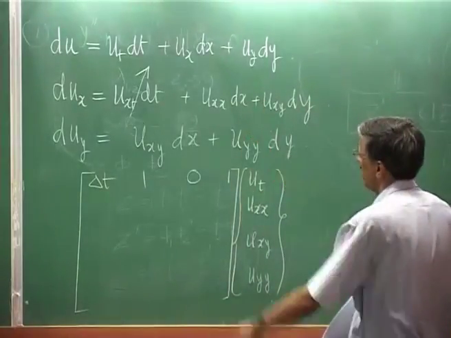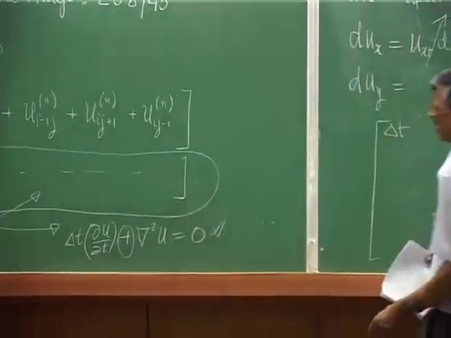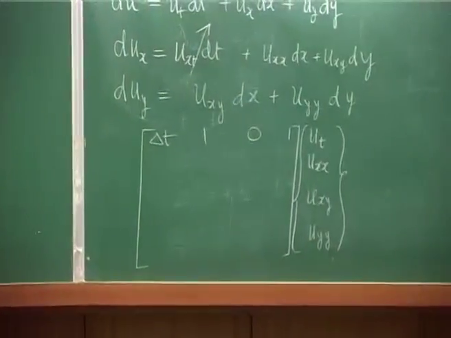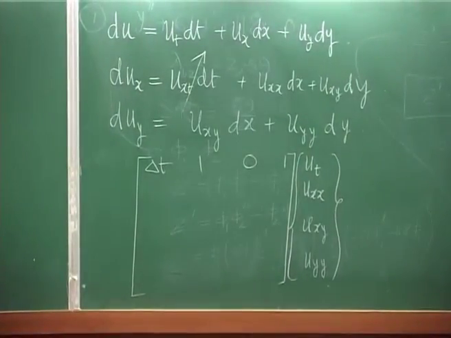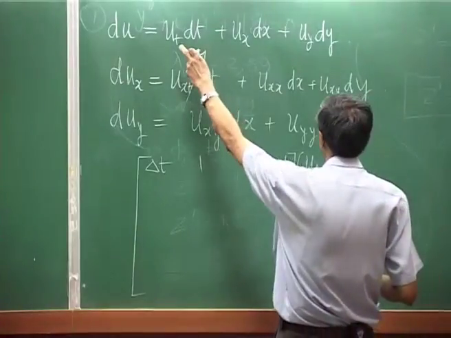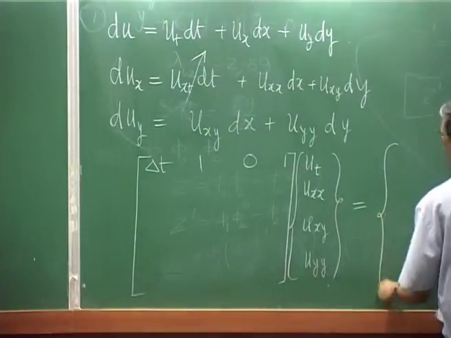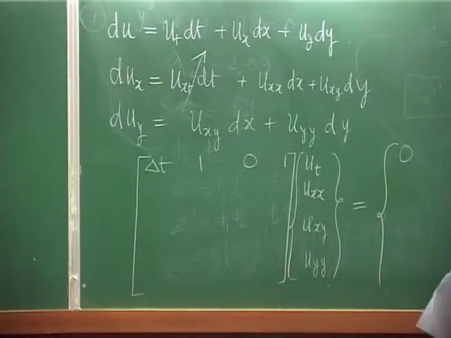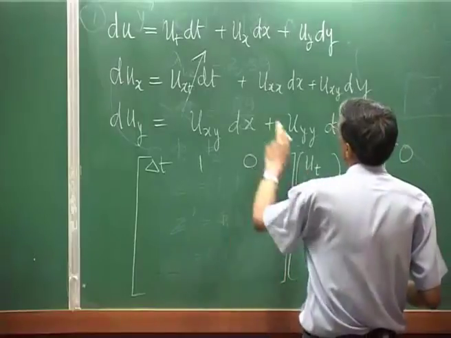And please be careful, I am not very sure about the sign, make it proper. I think that is okay. On the right hand side of course, there is nothing for this equation. From the second equation, my unknown is u_t.